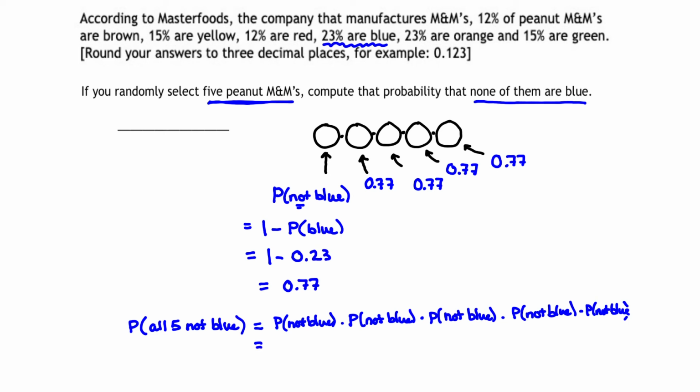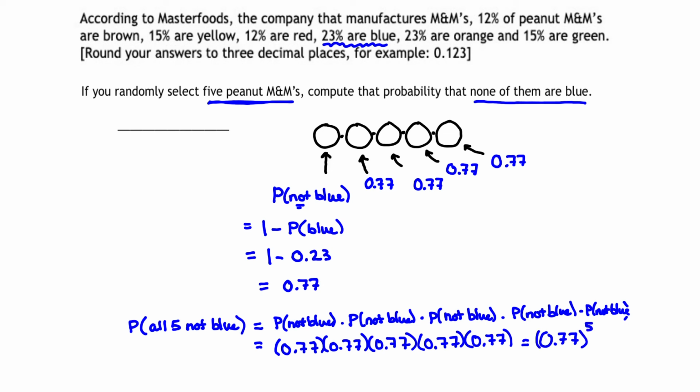What are we doing? We're simply taking 0.77 times 0.77 times 0.77 and doing it again and one more time for each of those 5 events. Or we could think of it as 0.77 to the 5th power, right?